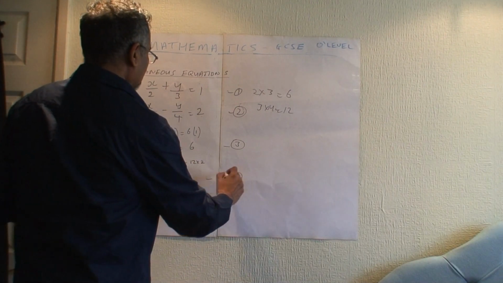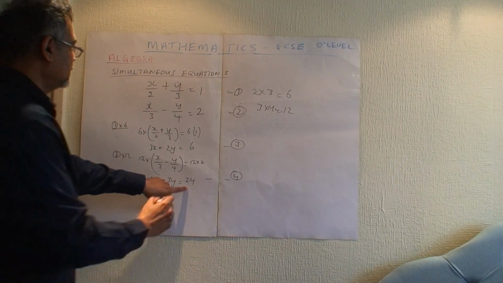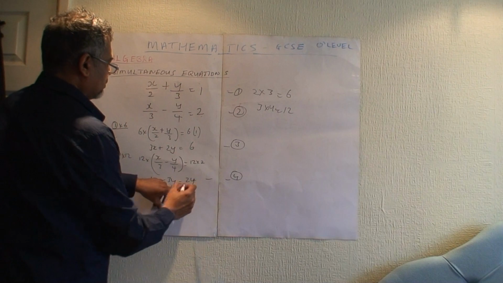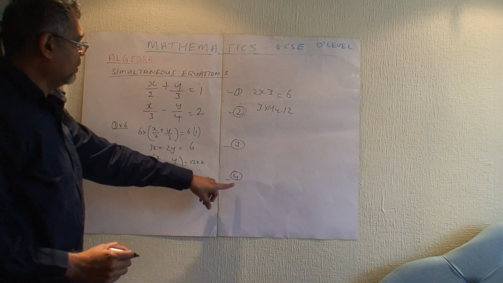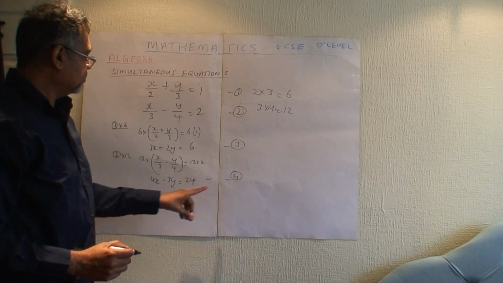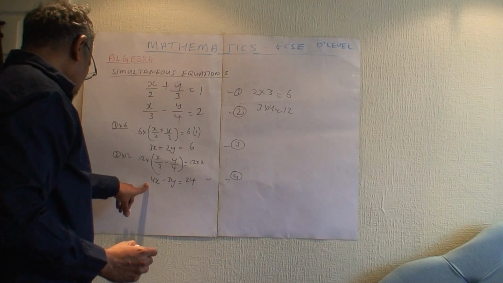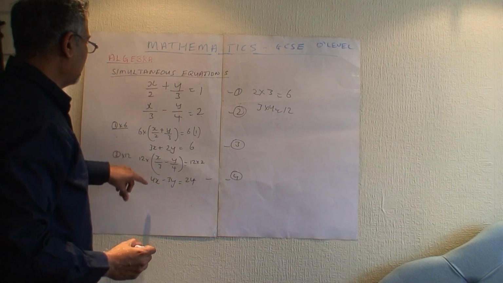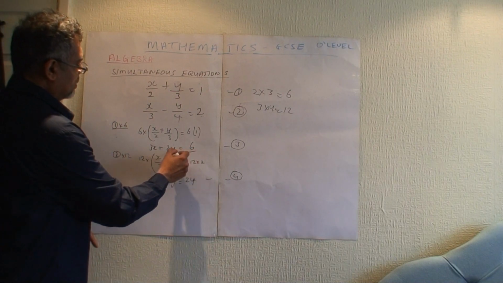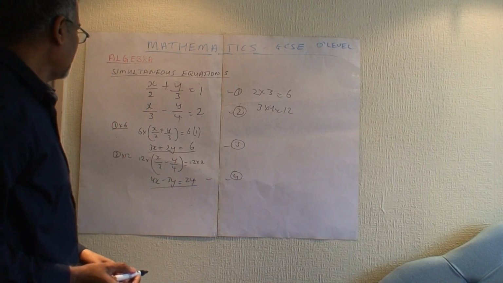So that is the next equation. So 2 becomes 4. So this is how it looks. So we want to make this one and this one look the same.